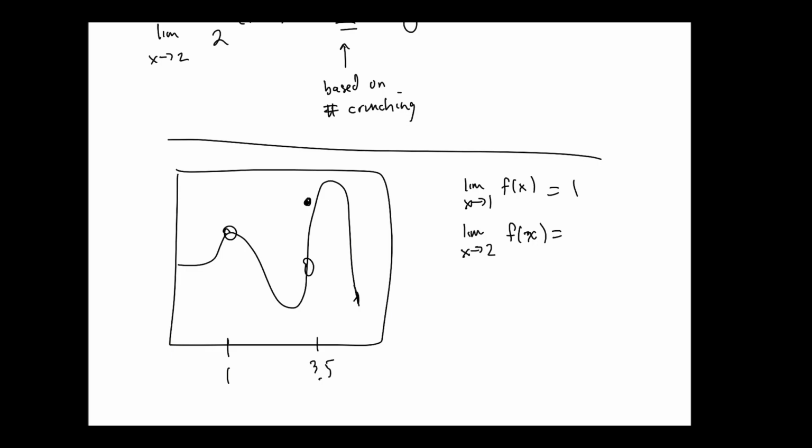It looks like f of 2, which is numerically about negative 1.5. Here, it just so happens that the limit's value is exactly the value of the function.